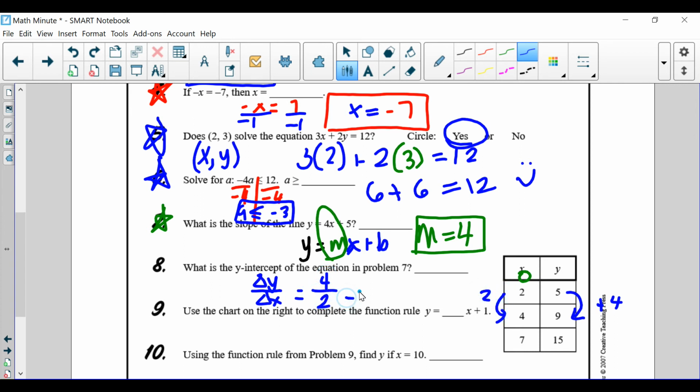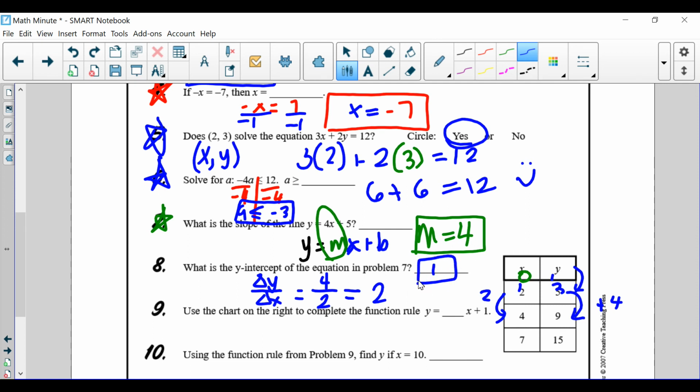So that means we know our slope is 2. If our slope is 2, we're going to figure out that 1 should be 3 and 0 should be 1. So our y-intercept is going to be 1.